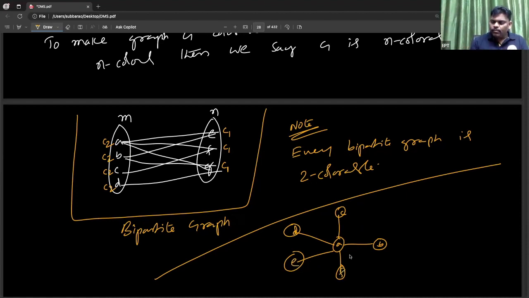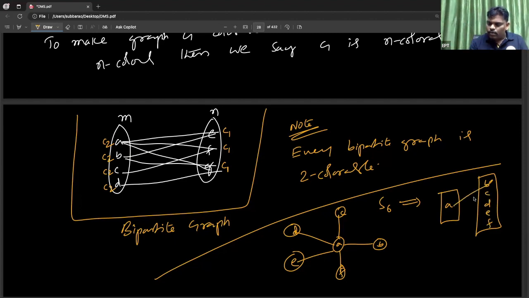A, B, C, D, E, F. So total how many people? 5 people outside, 1 inside. Total 6 people. So a star graph with 6 vertices can be written like this. 1 person is in the M group, all 5 people are in the N group.